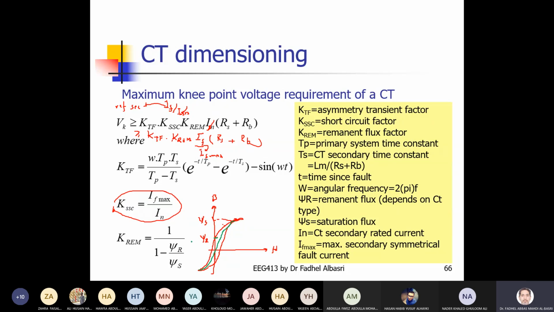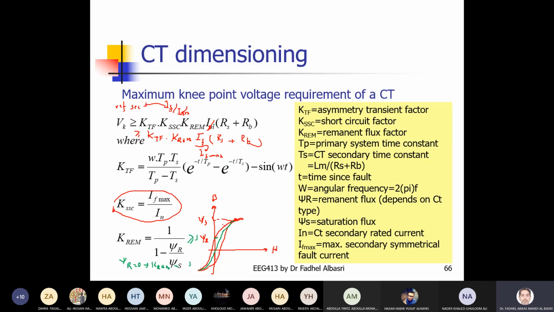Now, the ratio between phi r to phi s, suppose I have 10%, so this will become 0.1, and this is 1 minus 0.1, 1 over 0.9. This will give you a factor greater than 1. When phi r is 0, which is the ideal case, K remnant equals 1. So this is always a factor greater or equal to 1, equal to 1 if I consider there are no effects of remnant flux, or an ideal case.